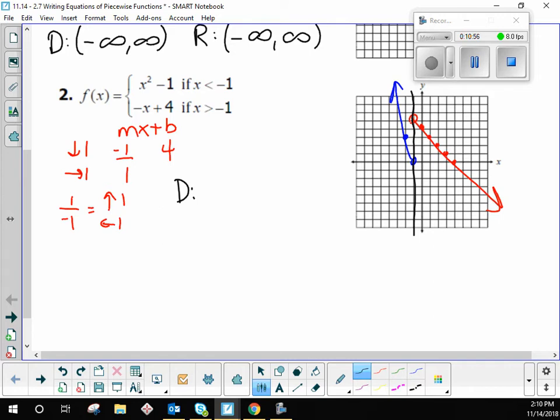So that is where the break in the domain happens. There's nothing defined. So when you go to write your domain, it's -infinity to -1, with a parenthesis, it breaks and continues again after -1. And we join those with a U. They're not brackets, that's right.